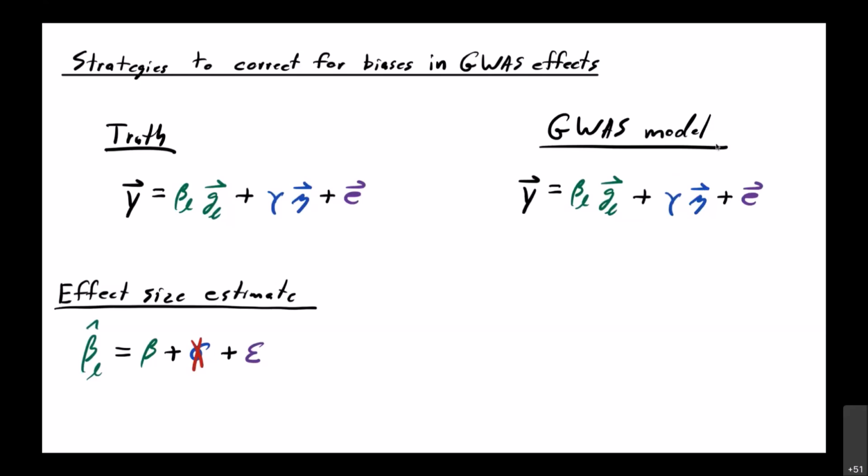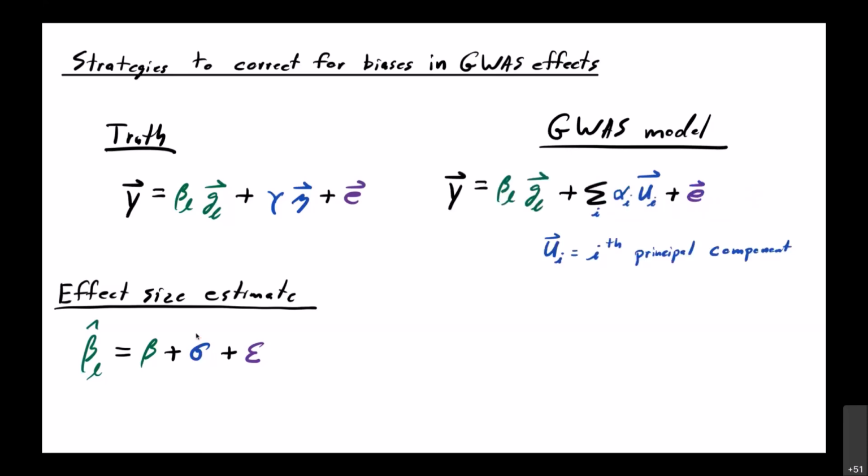Of course, we can't do that in humans. So the next best thing is to actually measure the relevant environmental variable and include it as a control. This would completely eliminate these biases, and then we'd be set. Of course, the problem is we don't know what the environmental variables are, or even if we do, we probably couldn't measure them in a way that would be sufficient. And so what people do instead is they include principal components, right?